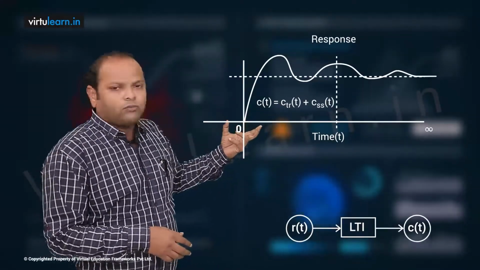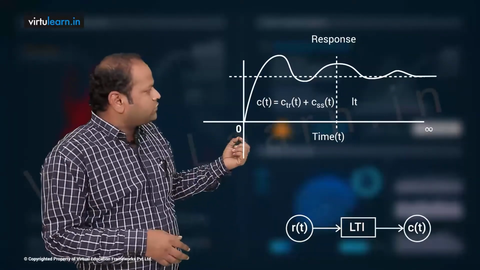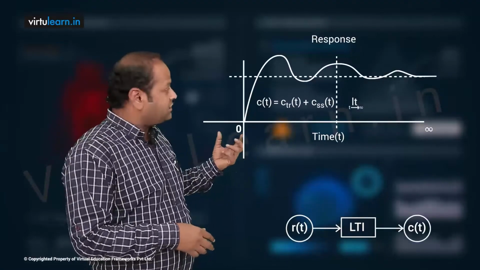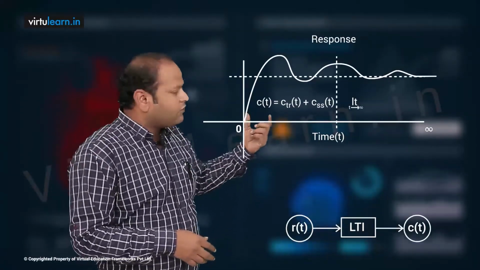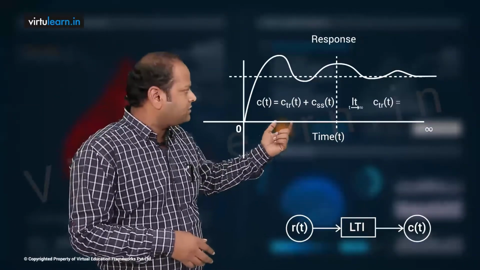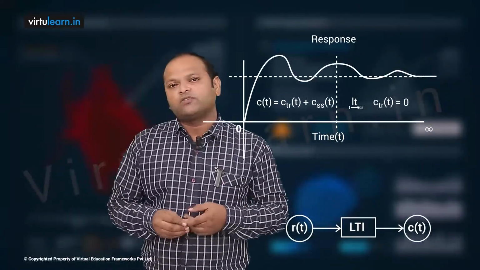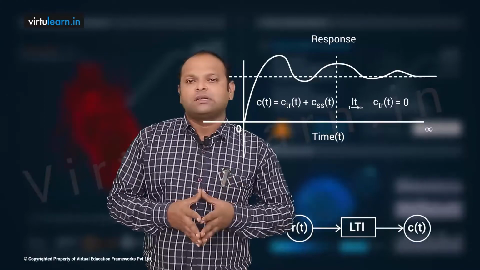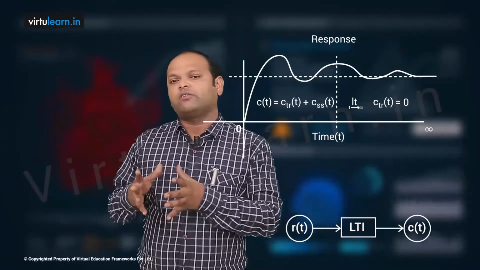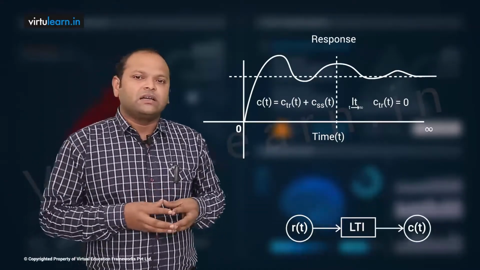We know that limit as t tends to infinity of C_TR of t is 0. That means your transient response will exist only for a certain amount of time, then after that we will get only the steady state response.